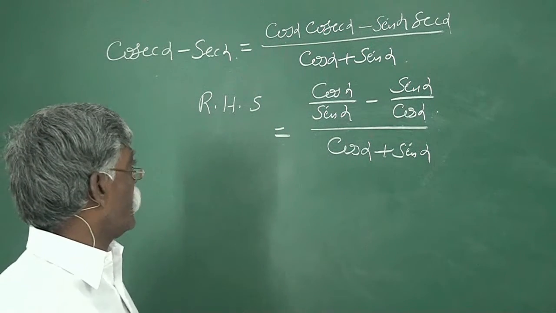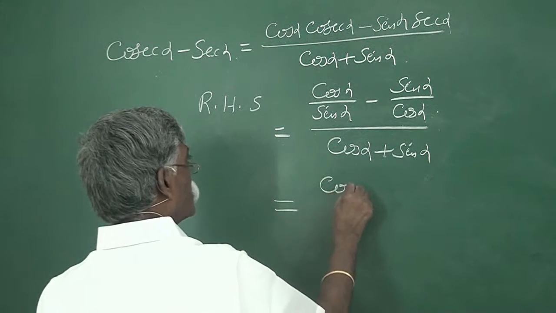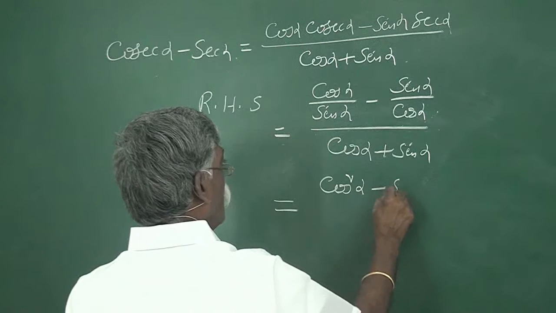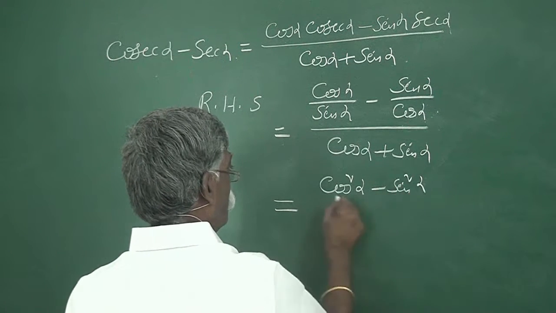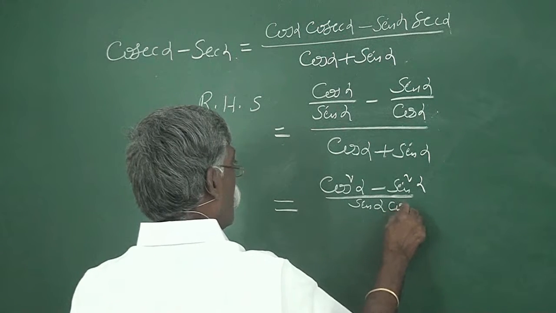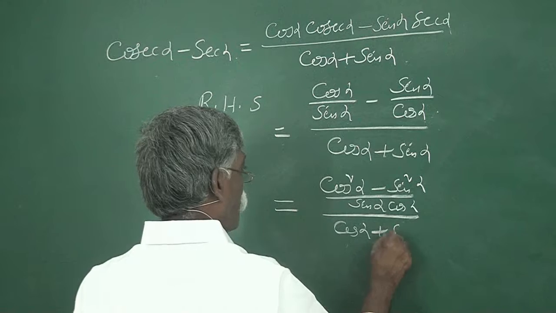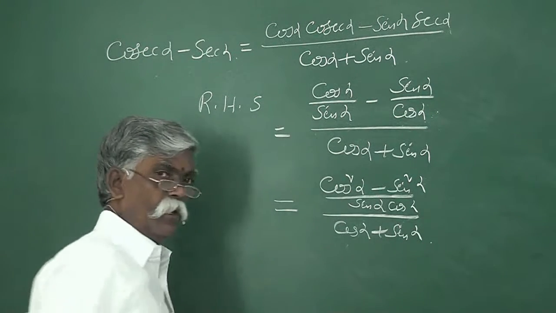Now in the numerator, if we take the LCM, it is cos square alpha minus sin square alpha by sin alpha cos alpha, by cos alpha plus sin alpha.